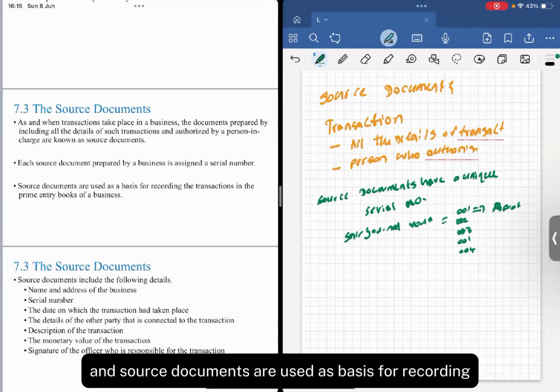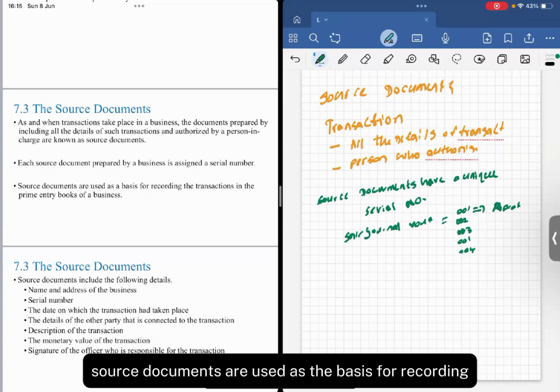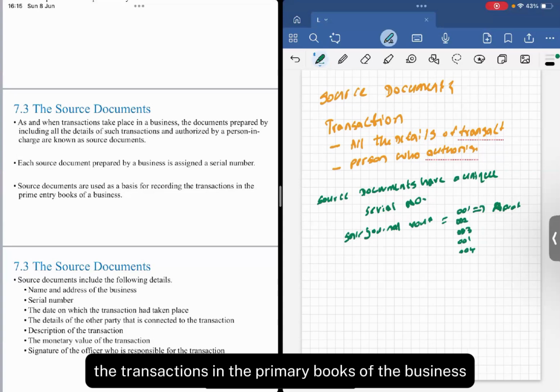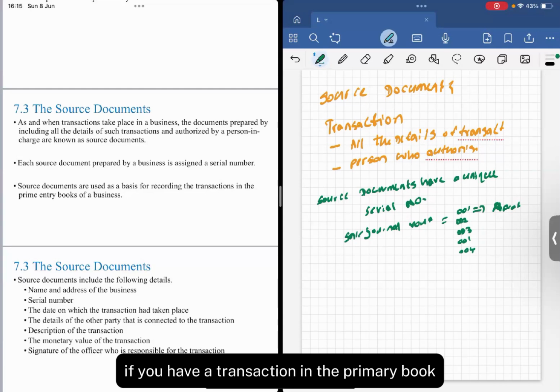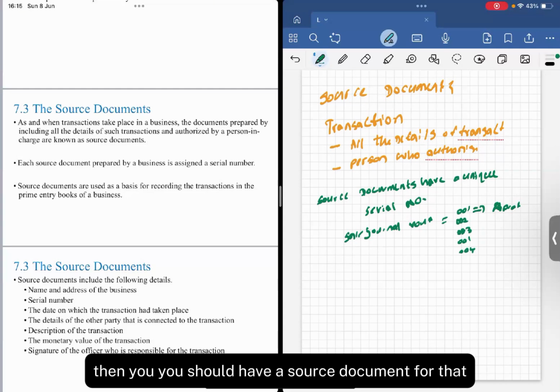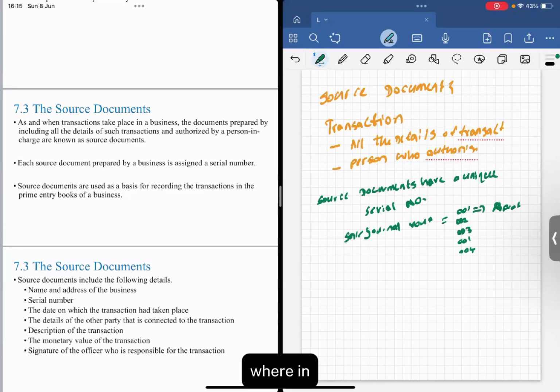Source documents are used as the basis for recording transactions in the prime entry books of a business. So what does it mean? If you have a transaction in the prime entry book, then you should have a source document for that. ඔයාට prime entry book එකේ නිකන් transactions දාන්න බෑ. ඔයා අනිවාර්යෙන්ම ඔයාට තියෙන්න ඕනේ source document එකක්.